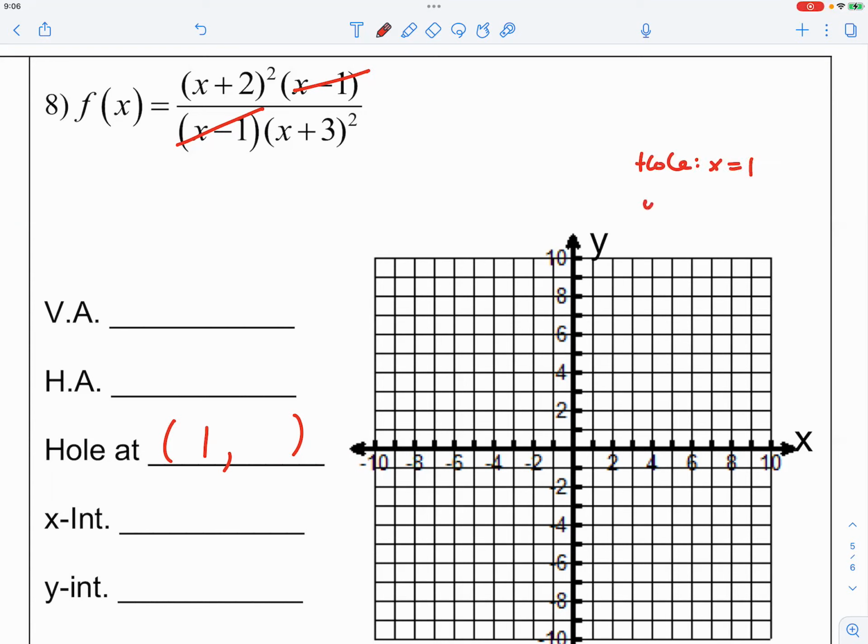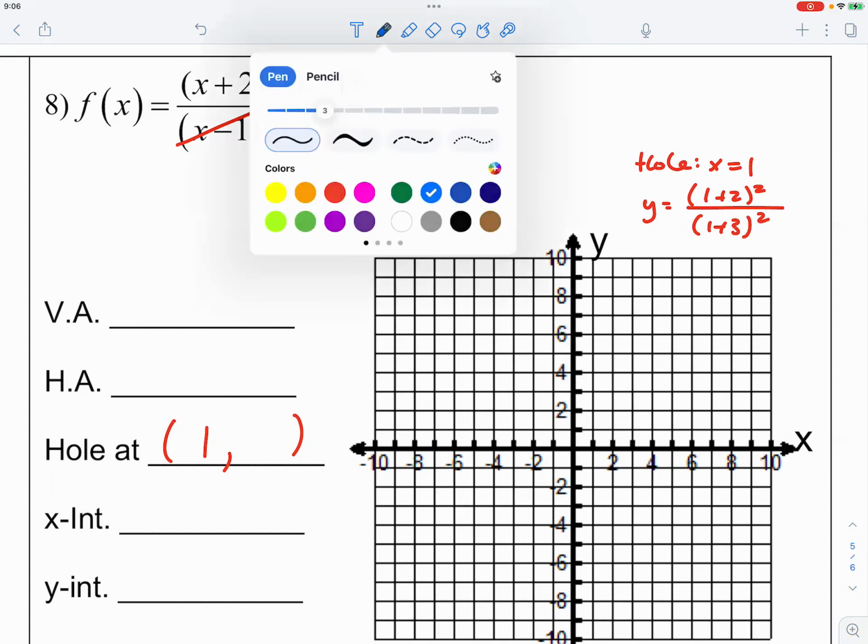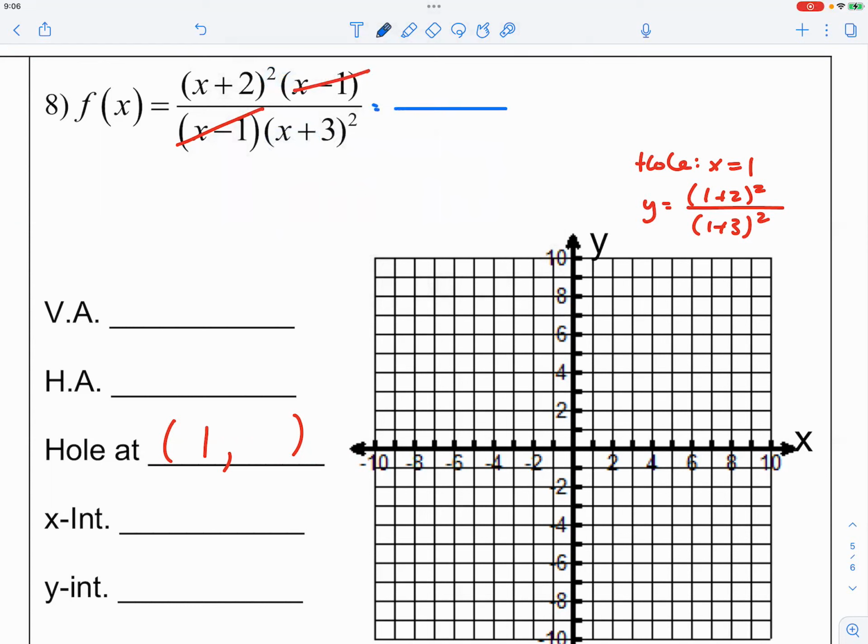What about the y value? Well, you just plug 1 into the x values. After you cancel things out, you would have (x plus 2) squared over (x plus 3) squared. So that's how you put the 1 into the finalized reduced equation.